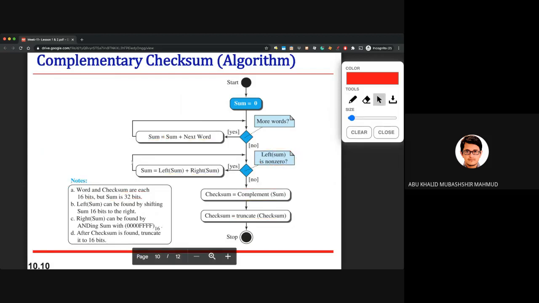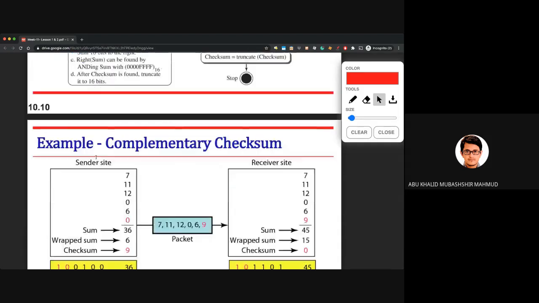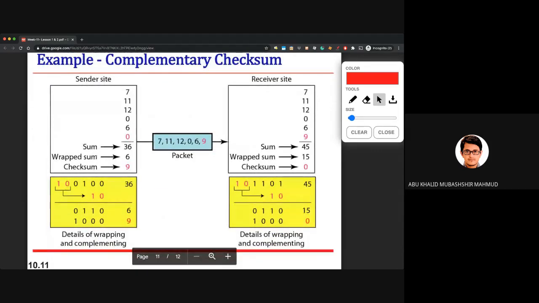So it's quite a lengthy process that we are seeing here. Let's move on. The first thing we need to consider is adding these 5 numbers: 7 plus 11 plus 12 plus 0 and then plus 6.